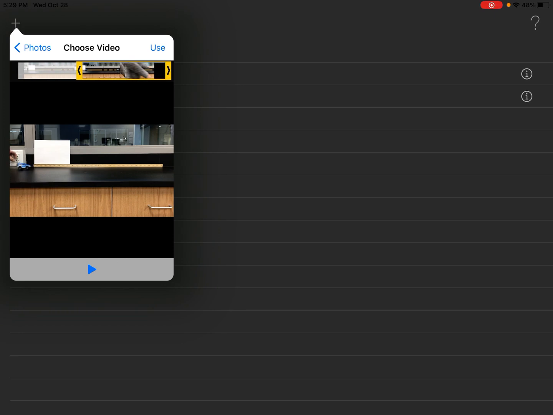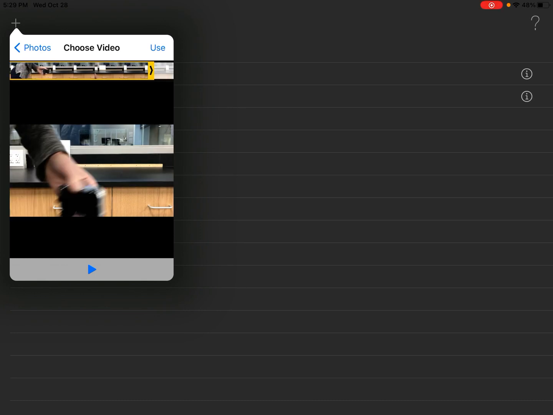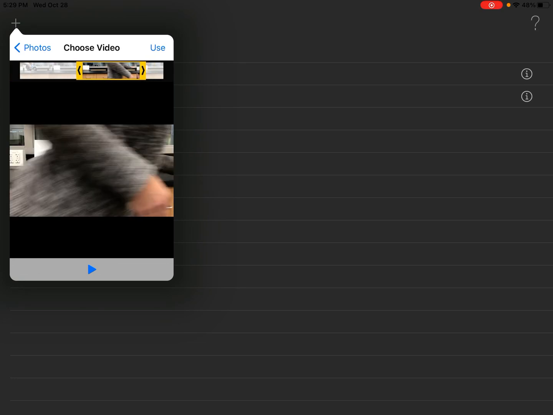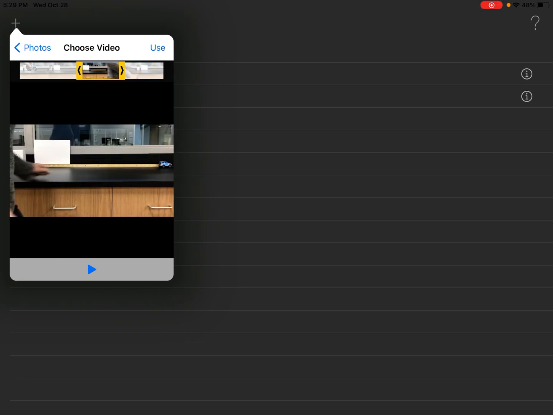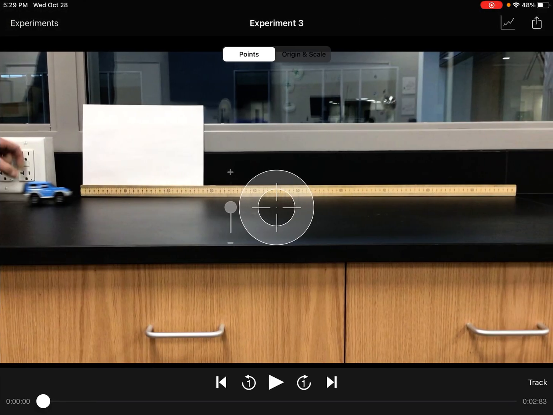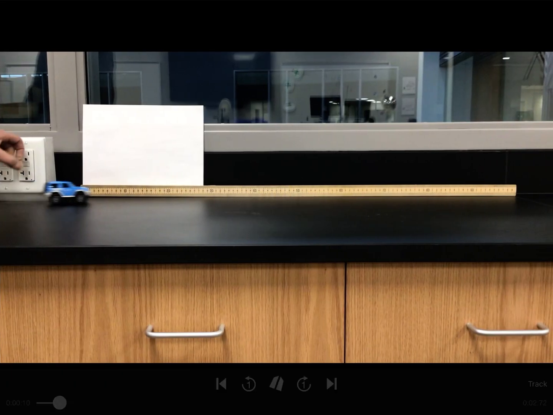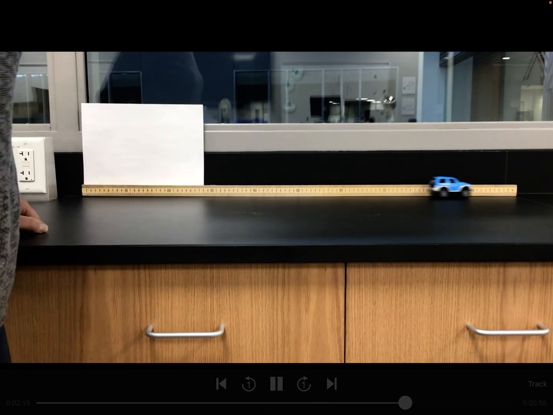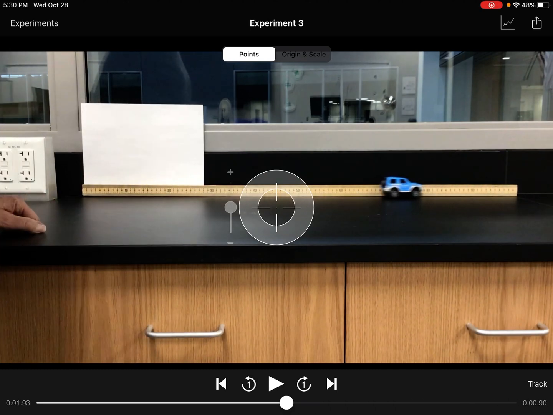Gotta get the yellow. All right. Okay, I'm going to use that portion. There we go. That looks better. So, perfect. Okay, now I'm going to back up here.